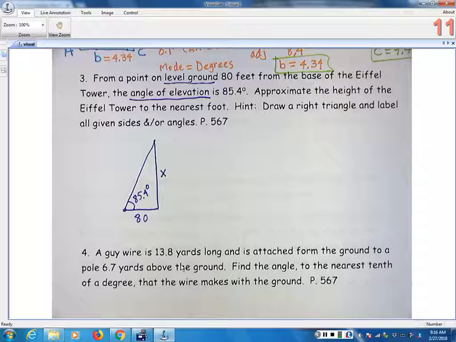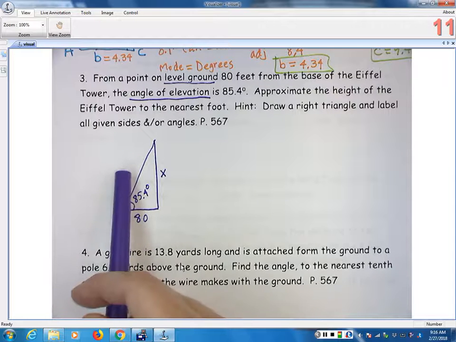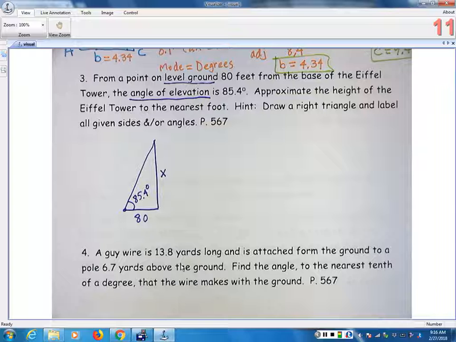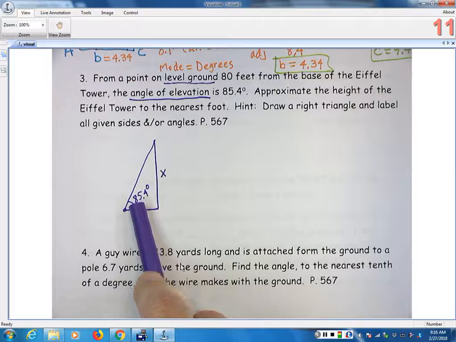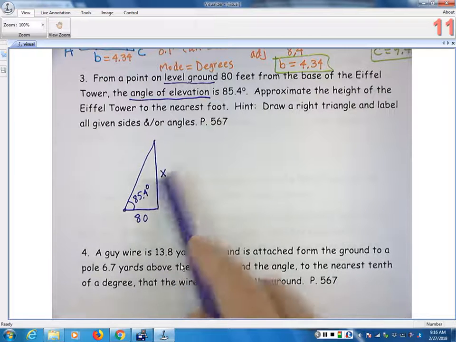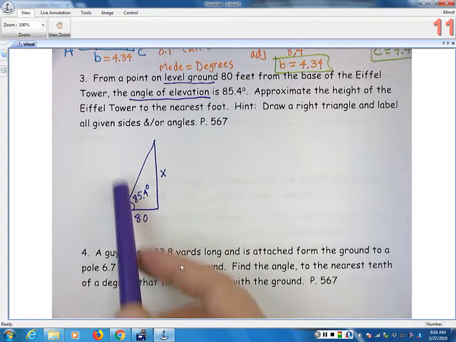Okay. So we don't know c, we don't know the hypotenuse, but we don't need that. So what trig function can we use? The tangent. Tangent is opposite over adjacent. That way we don't have to find the hypotenuse.